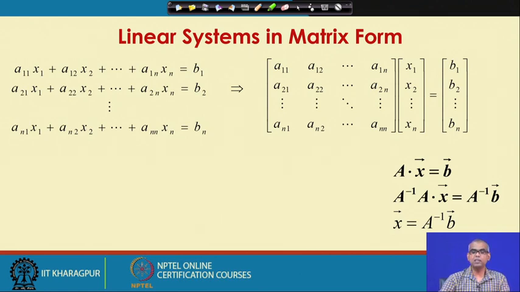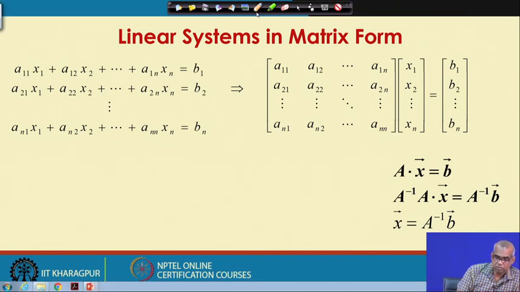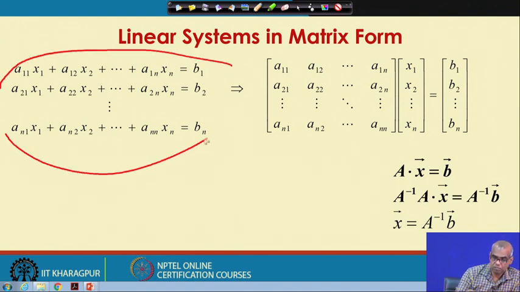Let us now talk about linear systems in matrix form. So, basically, how do I express a linear system of equations in matrix form? You have n equations in n variables, they are all linear equations and they are written as shown: a11 x1 plus a12 x2 up to a1n xn equal to b1, and so on and so forth.